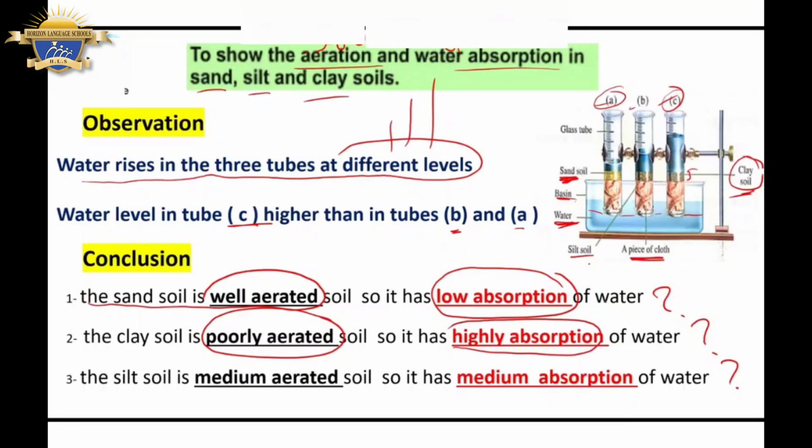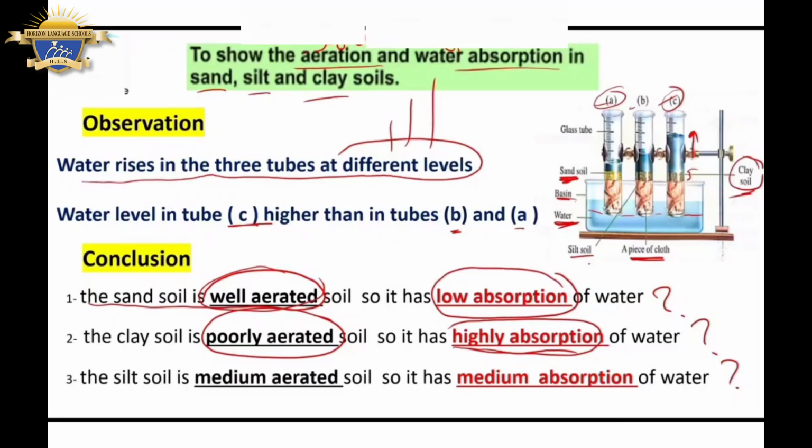And the silt soil is medium aerated soil, so it has medium absorption of water. If he asked you to give reason why the silt soil has a medium absorption of water, your answer will be because it is a medium aerated soil. And the same thing we can do with the 2 other soils.